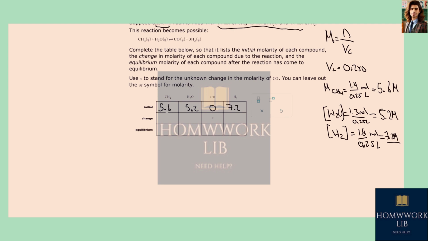So the amount of change is going to be minus x, plus x, and plus 3 times x. So at equilibrium, we would get 5.6 minus x, 5.2 minus x, and 7.2 plus 3x.